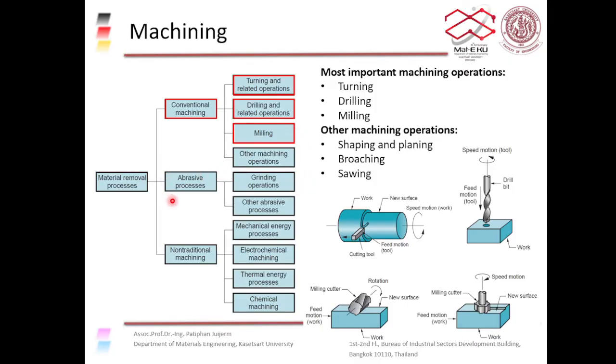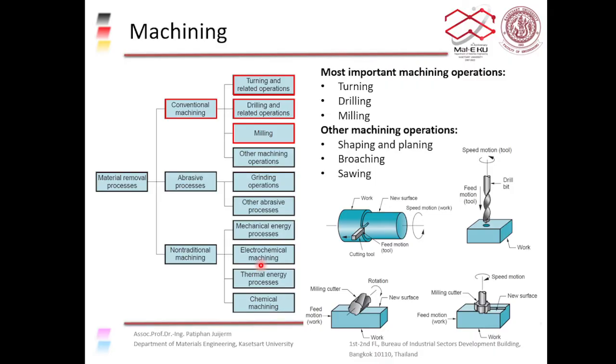For abrasive process, they're usually used to produce a smoother, better surface finish, like grinding, etc. So we're not going to go into detail on that. And non-traditional processes are not typically mechanical, like electrochemical machining, like EDM, electro discharge machining.